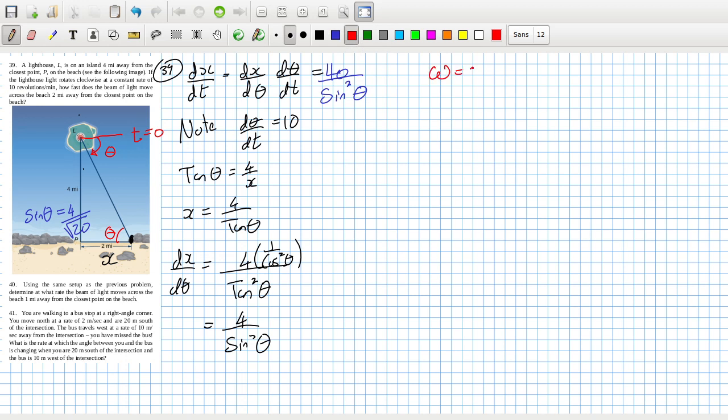The omega is 2 pi over T, or T is 1 over f. That's 2 pi f. That's 2 pi times 10 if we're using minutes instead of seconds. So 20 pi. So that should have been 20 pi, so that should have been 80 pi. So then that will equal 80 pi over sine squared, which is 16 over 20.